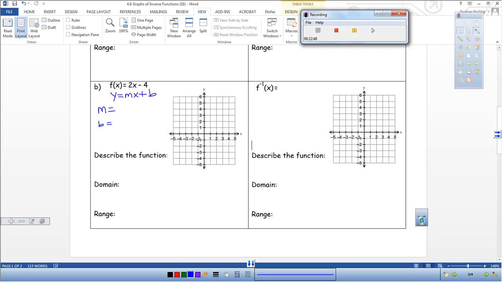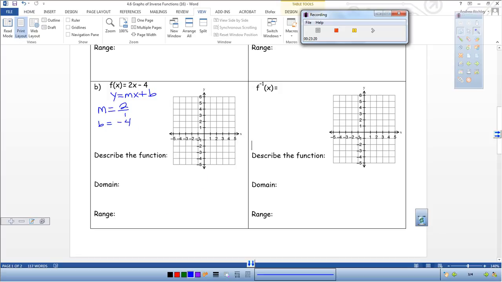Frank, what's the slope and the y-intercept of this equation? Negative 4, very good.